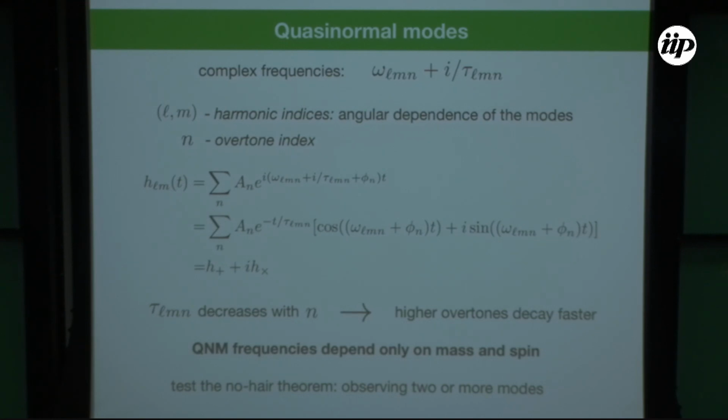And if we measure two frequencies of oscillation and damping times, and find that they do not come from the same mass and spin of a black hole, we can conclude that it's not a black hole. It can be some exotic object or something else.